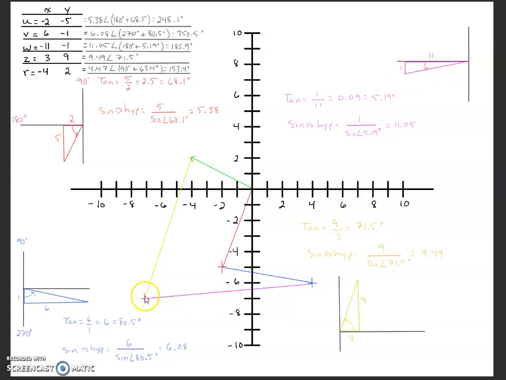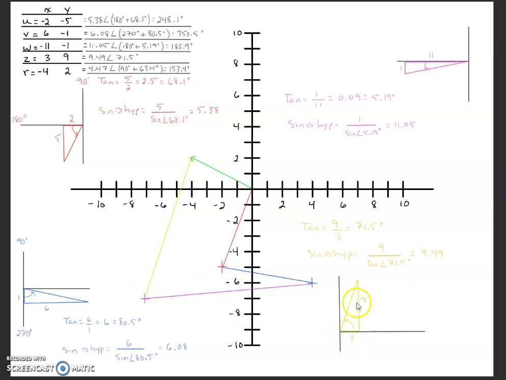And then just to finish it off here, we have our final vector, the z vector, 3 and 9. If we look here, this is 90 degrees. This vector has not rotated past 90 degrees here. So we got the x-axis, it's rotated this far, but not past 90.